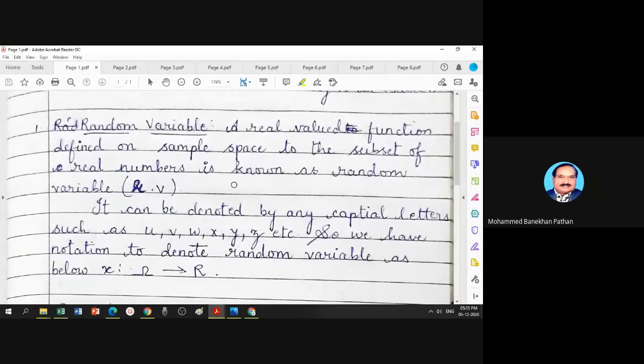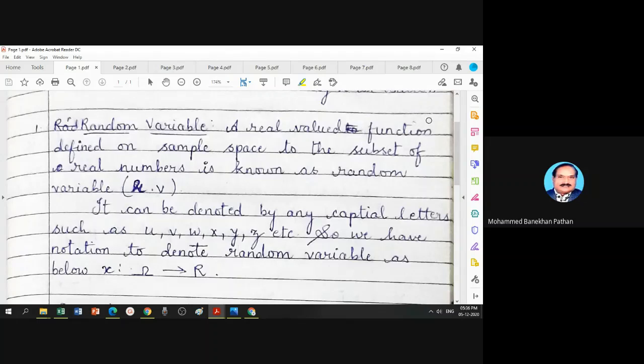It is not a new concept to you, because when students study science, he or she always opts for the mathematics subject in 11th and 12th. Ultimately, all of you have knowledge of function.